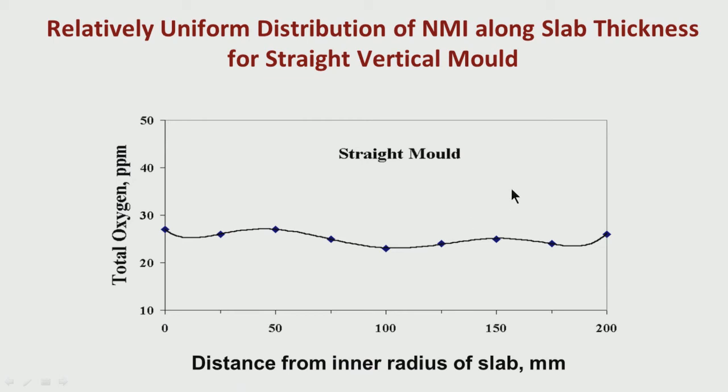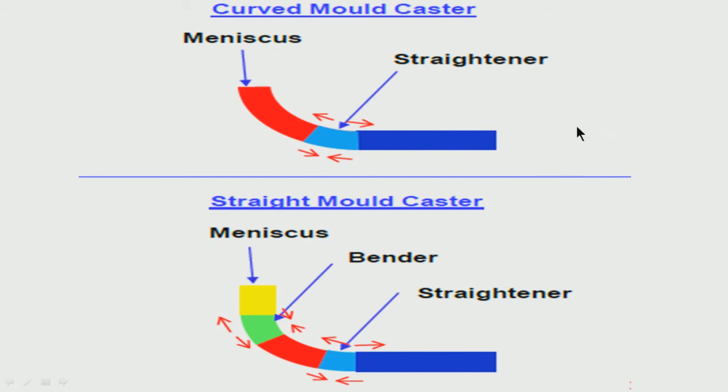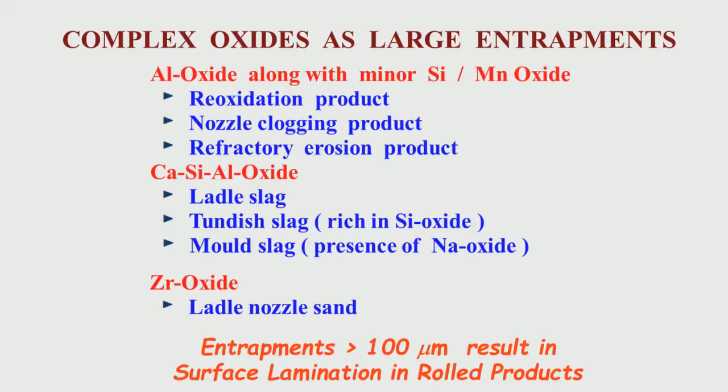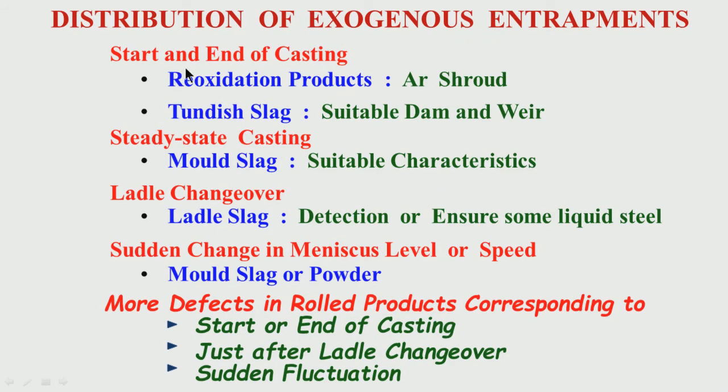So, I have tried to mention the possibilities of entrapment distribution, not only along the length of the casting, but also along the thickness of the casting. With respect to the length of the casting, the distribution is because of the start or end of the casting, when there is a non-steady state and a possibility of getting more entrapments.